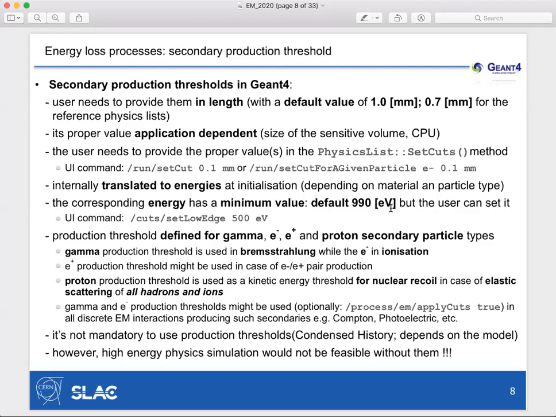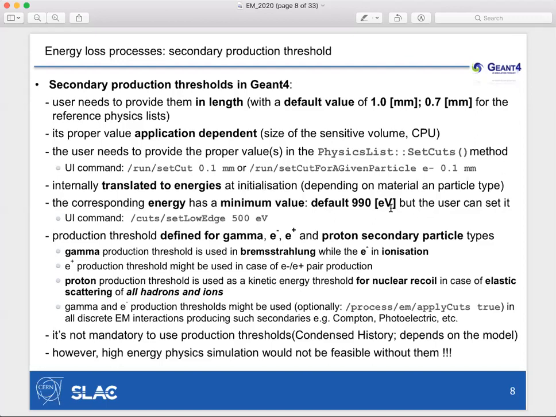Now, you need to see some difference between what we have been discussing so far, how the secondary production threshold is used in case of ionization, and in case of these interactions, like in case of Compton. The main difference is that the photon producing that Compton electron is stopped.